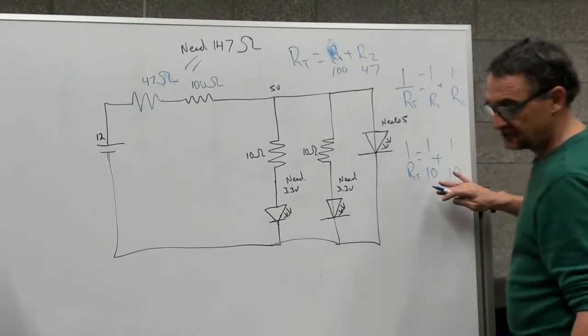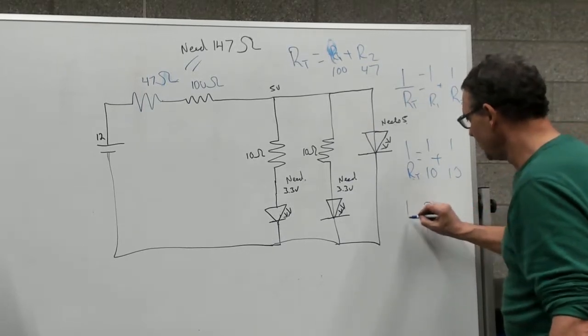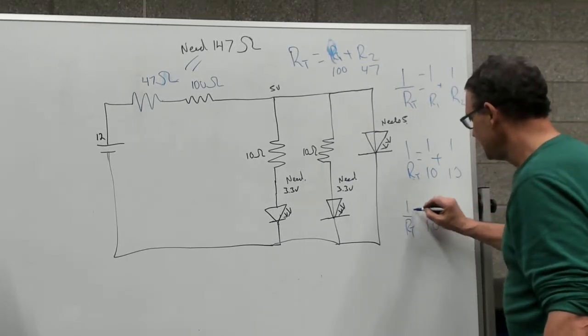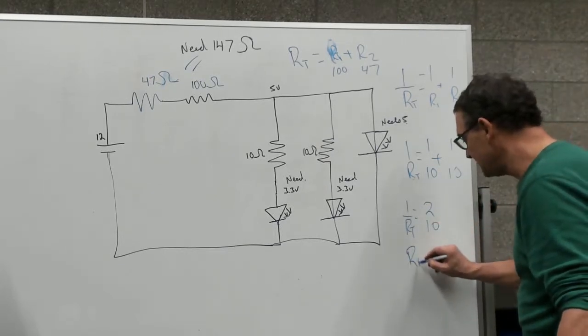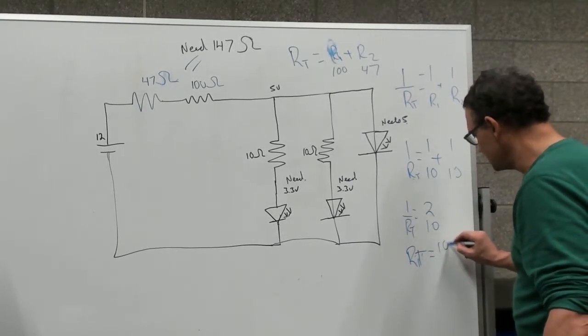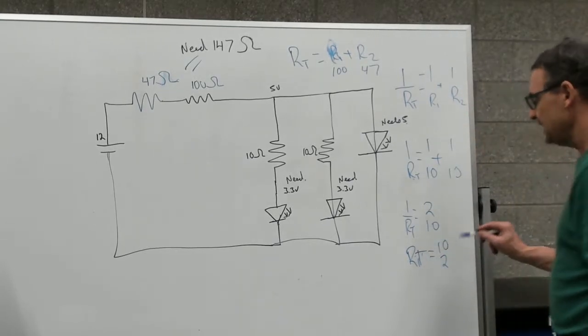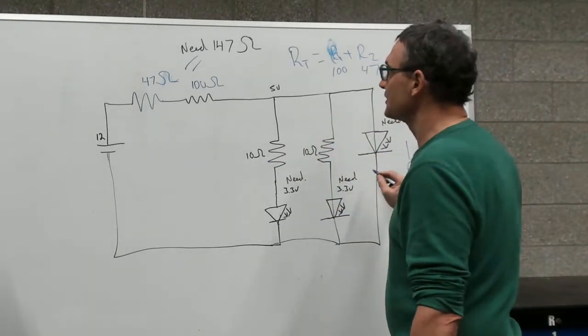Common denominator is the same. The numerator turns out to be 2 over 10. 1 over RT equals 2 over 10, so we're going to flip that to get rid of the 1. So now we have RT, whoops, big T, equals 10 over 2. So RT equals 5. So there's 5 ohms of resistance in this parallel circuit.